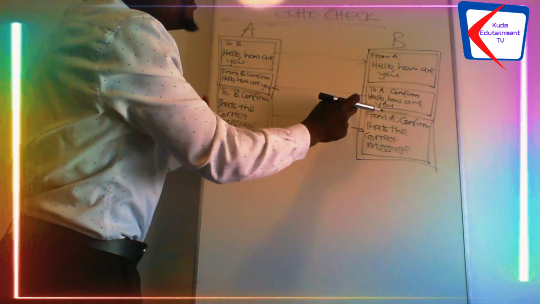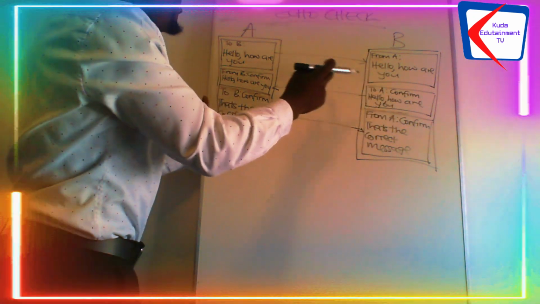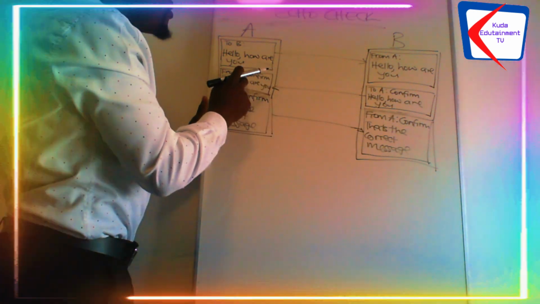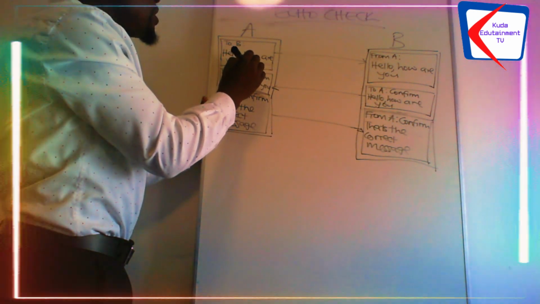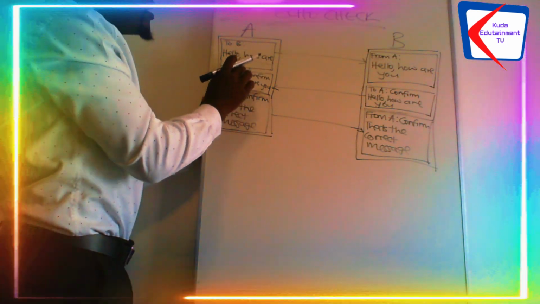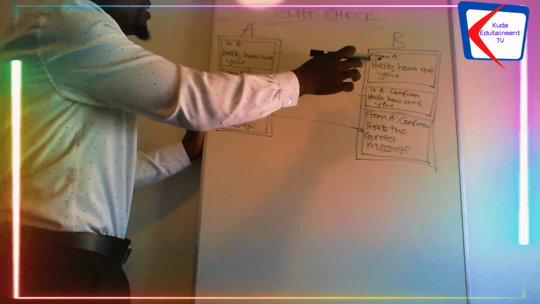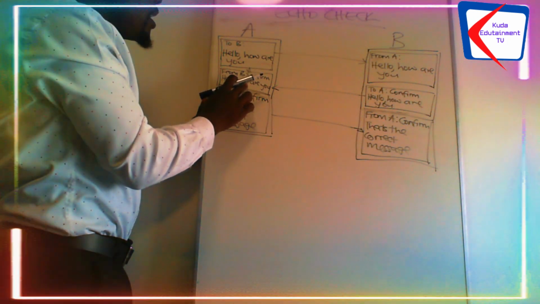Then before device B considers this message to be the actual message intended by device A, it transmits that same message back to the sending device. Then the sending device now has these two messages, right? It now compares the message sent to B against the message received from B, right?